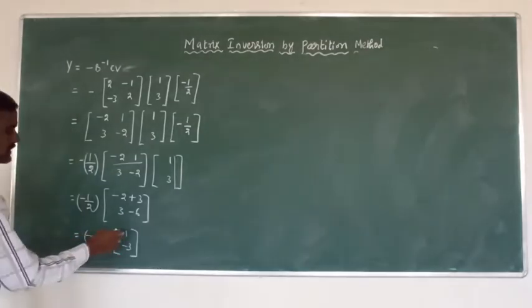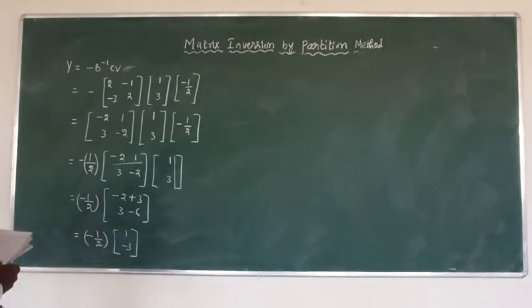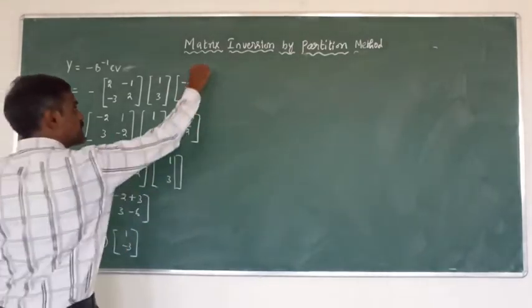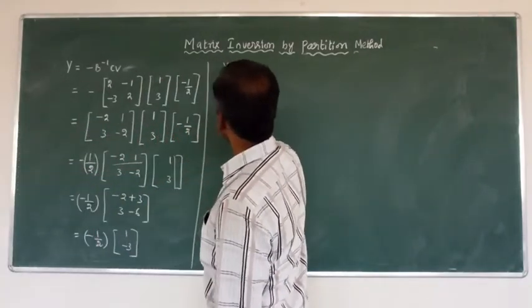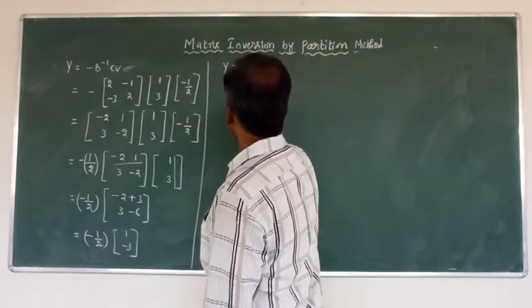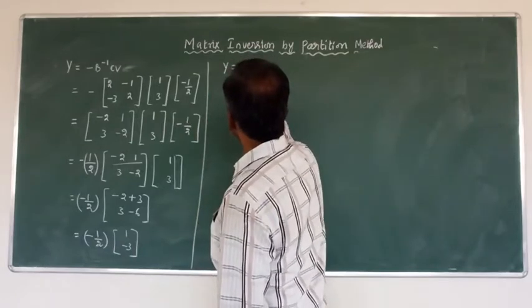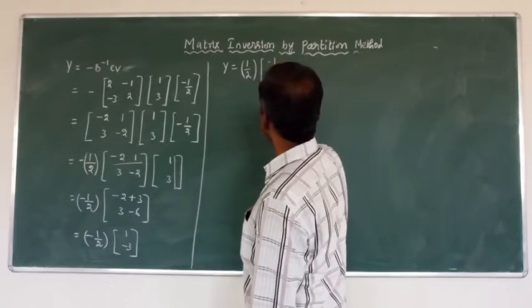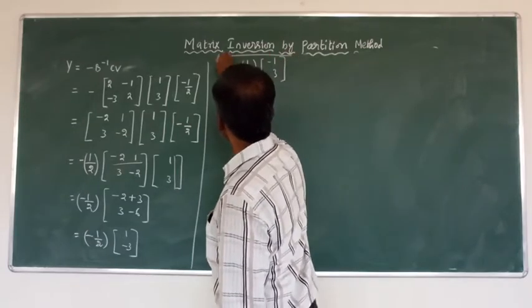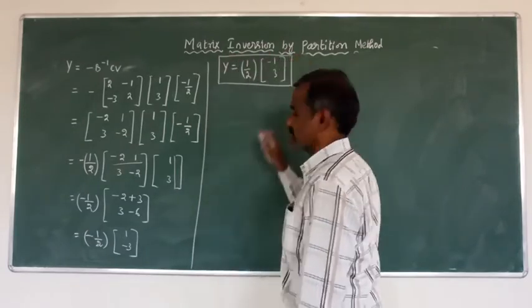You can multiply the sign inside. This Y equal to 1 divided by 2 within bracket minus 1 and plus 3. This is the result of Y.